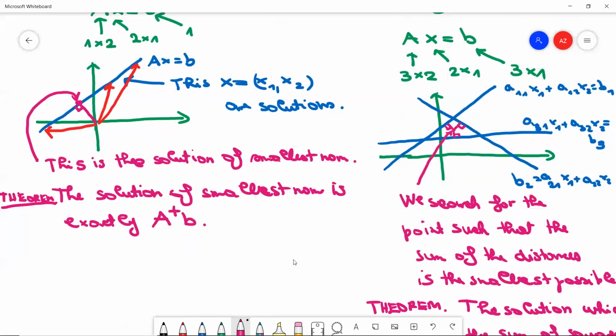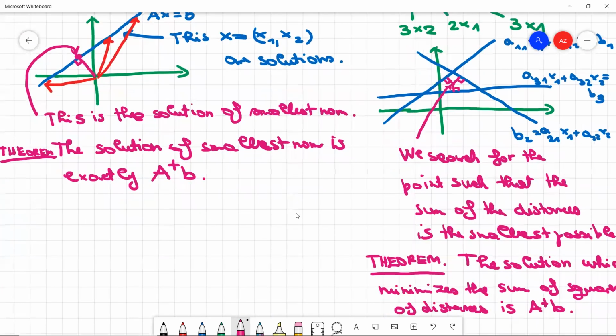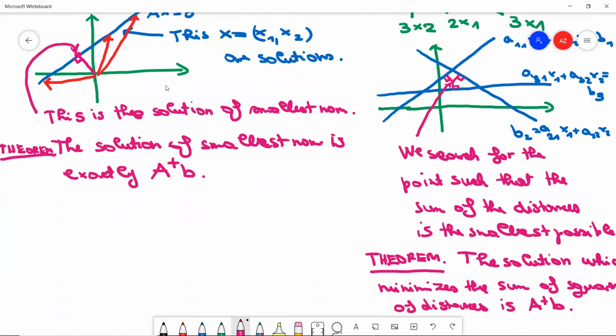So we looked at this theorem on two examples, but it's the same for a general N and M. So whenever N is smaller than M, we have an underdetermined system. Usually it's solvable.